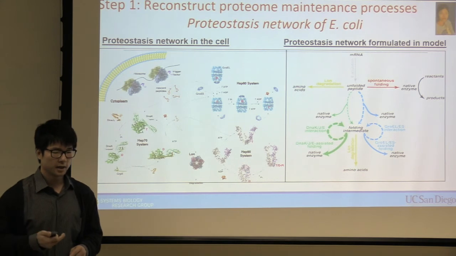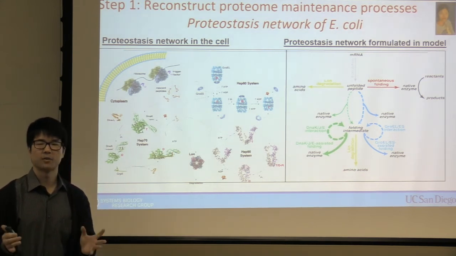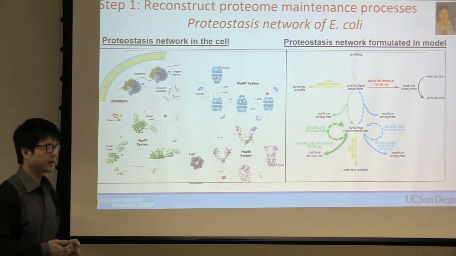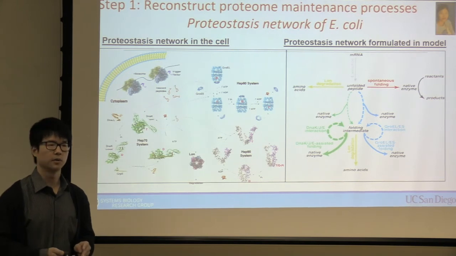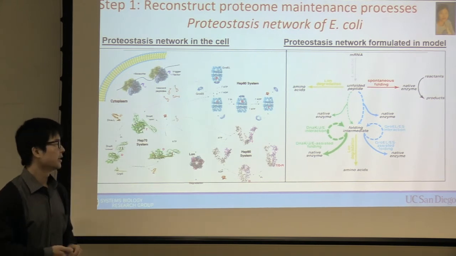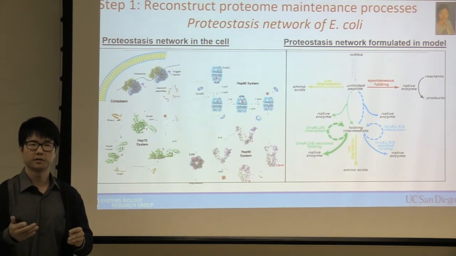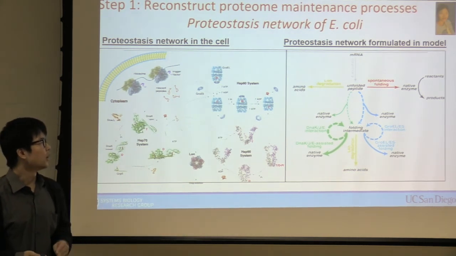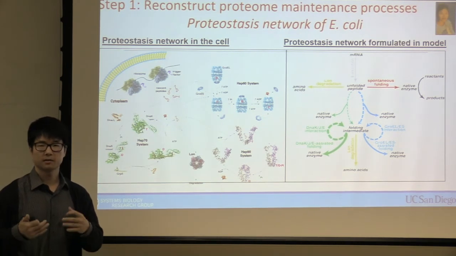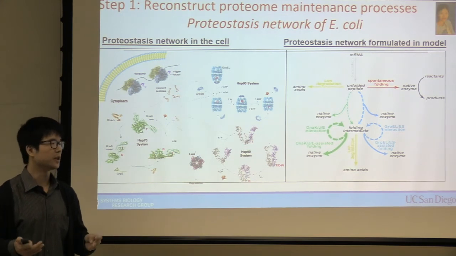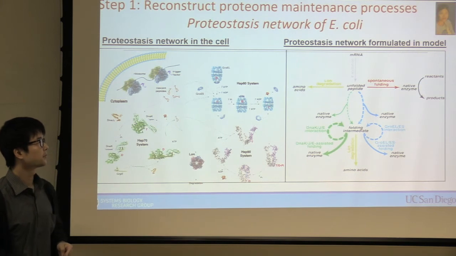And furthermore, there's a pretty elaborate maintenance network within E. coli that is dedicated to ensuring that proteins are properly folded and not aggregated. So this chaperone network is an additional factor we need to consider. What we can do is reconstruct this chaperone network, or protein homeostasis, proteostasis network in E. coli.